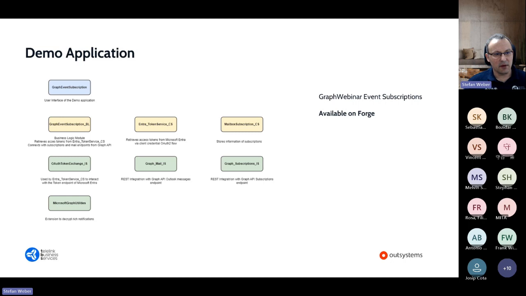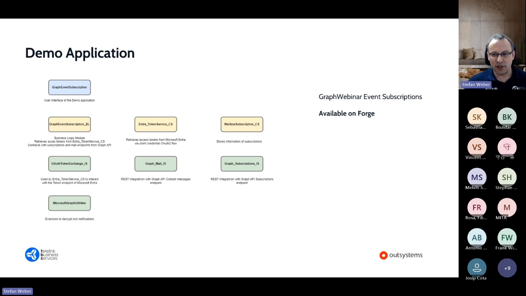But quickly stepping through: we have a UI I'll show in a bit. Then we have some sort of business logic that does all the magic and orchestrates all the other stuff. We have one core service that is used to get a new access token from Microsoft Entra.